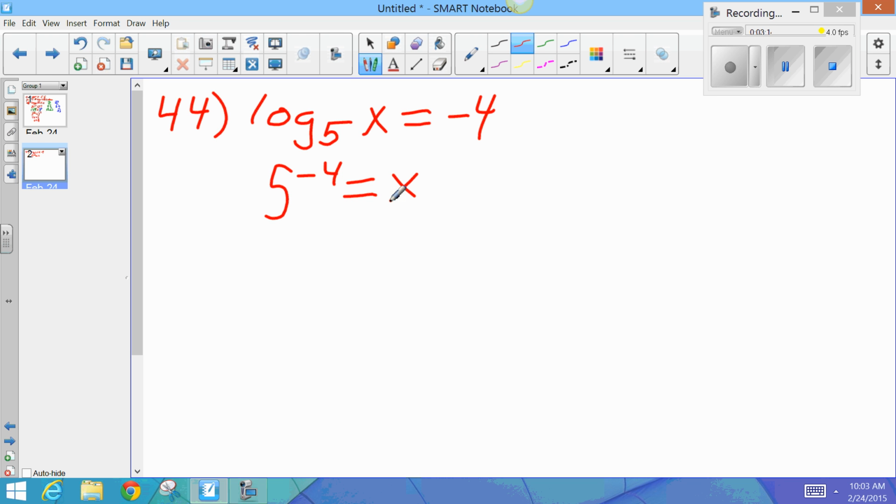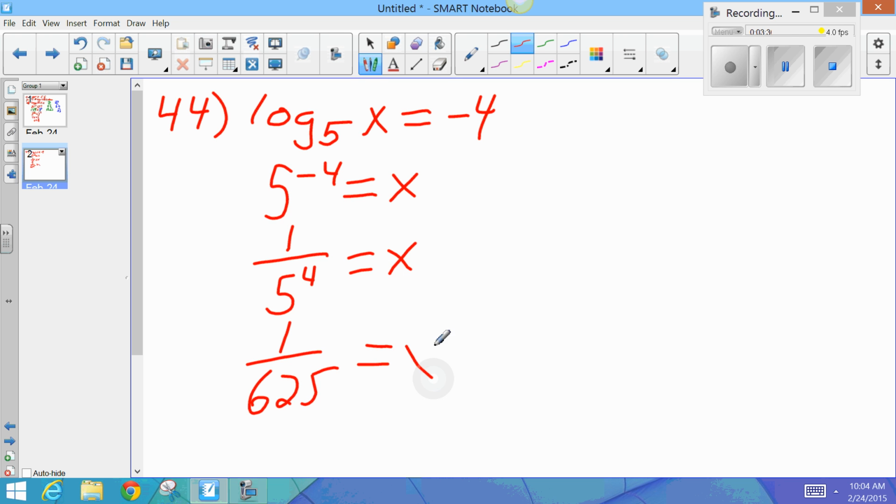I've got an expression on the left-hand side that can be simplified. So this is equal to 1 over 5 to the power of 4. And 5 to the power of 4, I'm doing it on my calculator, is 625. That's it for problem 44.